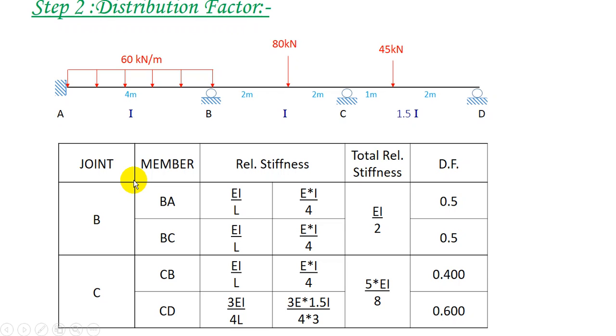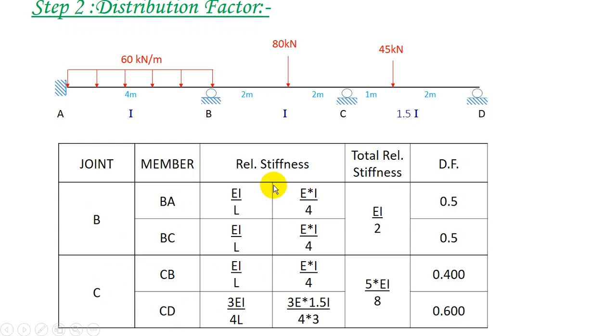We have to tabulate it, and the first column is of joint, and we have to write those joints which are intermediate supports. In our case A and D are end supports, whereas B and C are my intermediate supports. Intermediate supports meaning that they join two or more members. So B is joining BA as well as BC, and C is joining CB and CD.